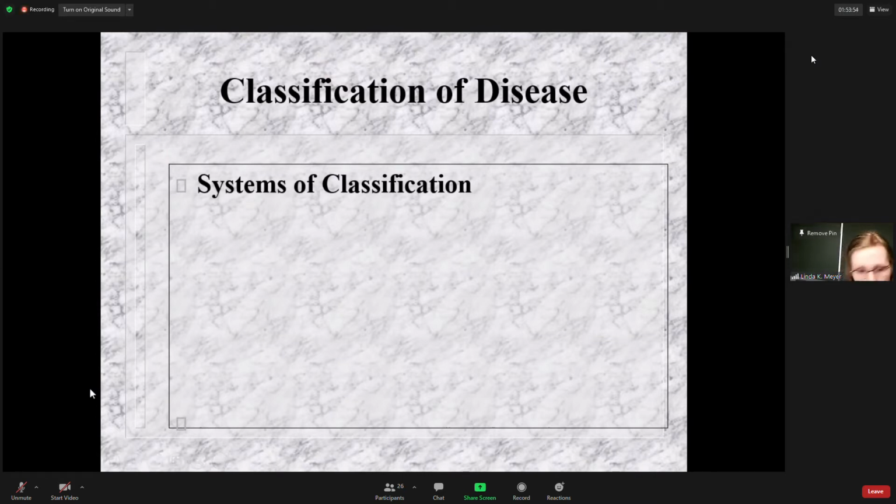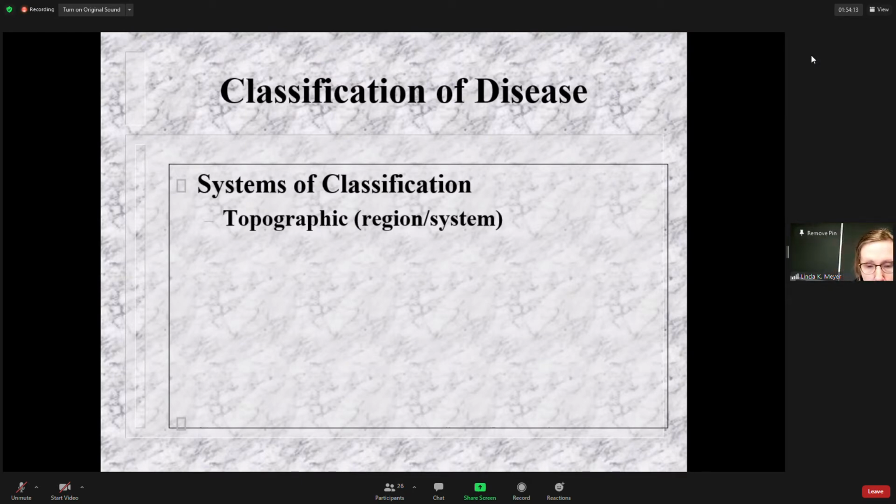Okay, so now on to the classification of diseases, and I want to review briefly the different types of systems of classifications. Diseases can be classified topographically. This is more like the system.